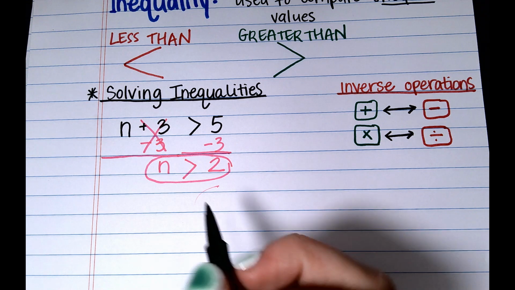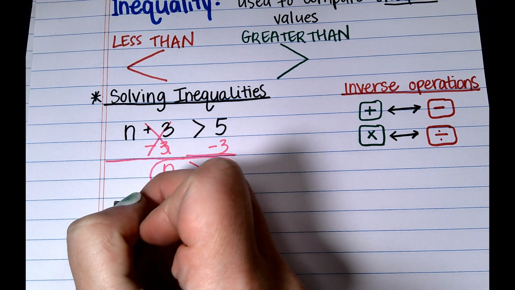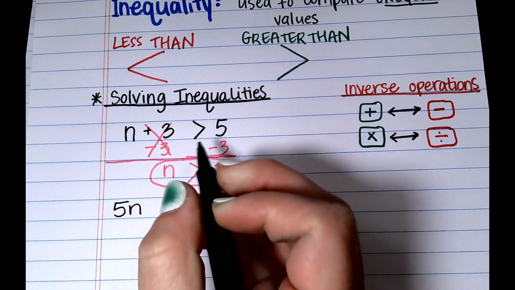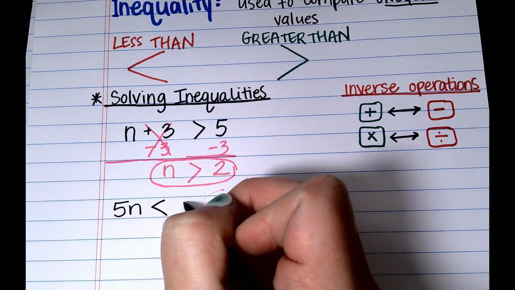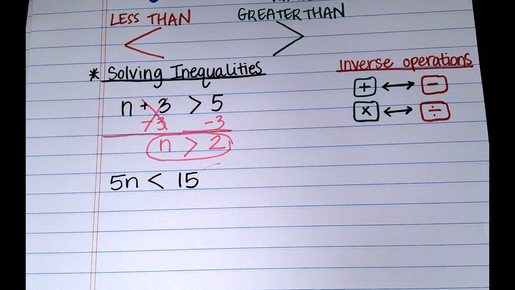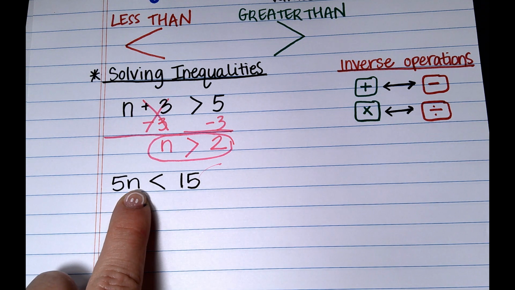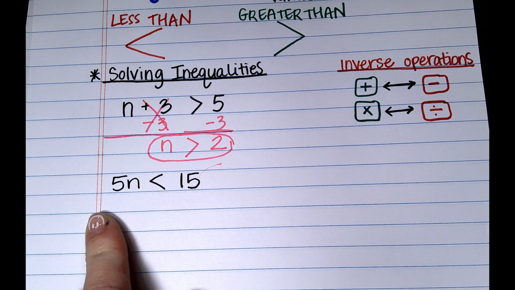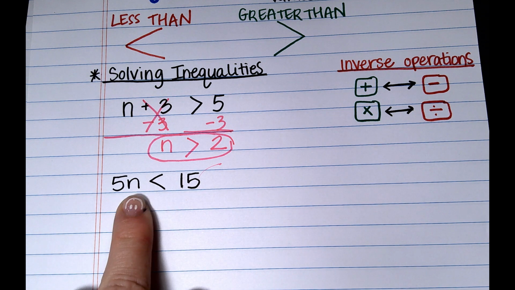How about 5n is less than 15? Remember 5n, what does that mean? What operation? Multiply.